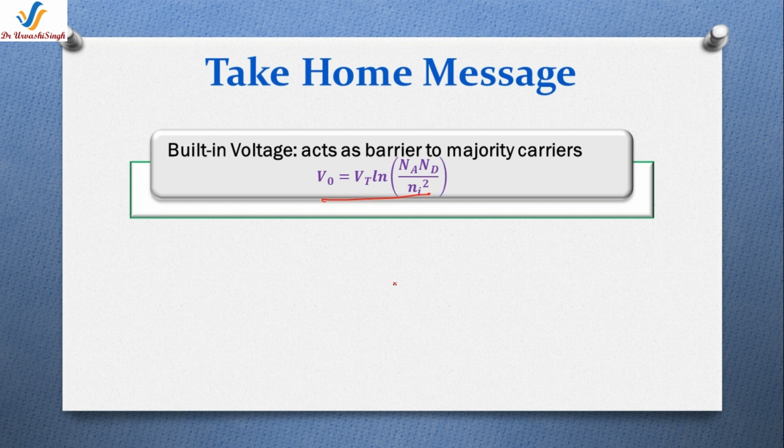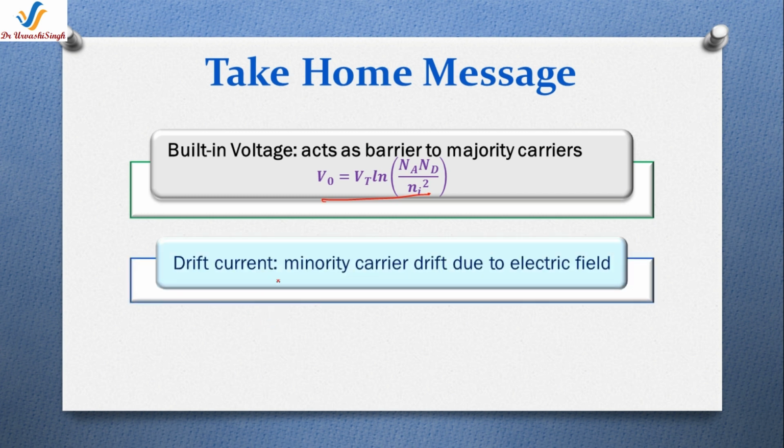Moreover, the electric field established around the depletion region will also motivate the minority carriers to drift across the P and N regions. The minority carriers in the N region are holes, so they will drift towards the P side, and similarly the electrons from the P region will move towards the N side, and this constitutes the drift current.